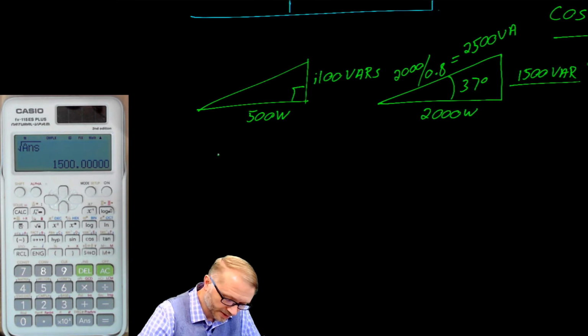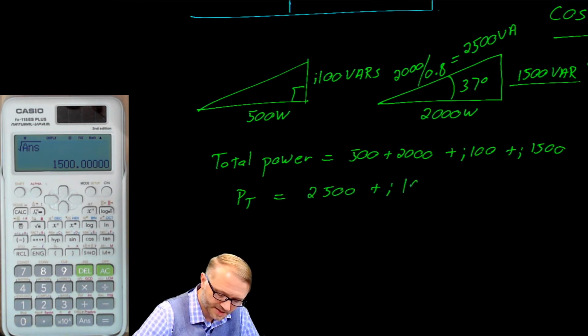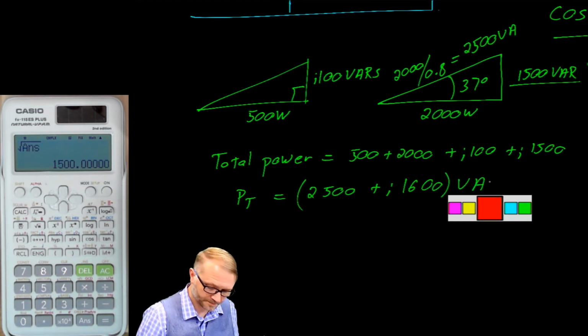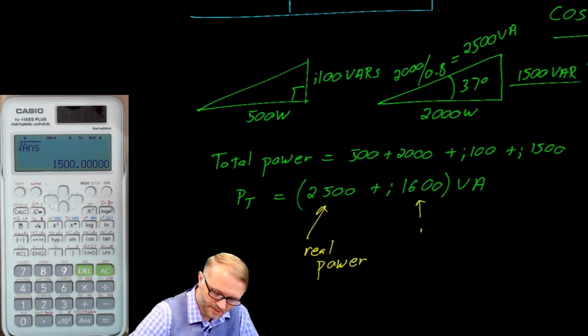So the total power is equal to the real pieces, 500 plus 2000, and then we add the imaginary pieces, plus j100 plus j1500, and that works out to a total power of real 2500 plus j1600, and all that is volt amps, with the understanding that this piece is real power, and this piece is reactive power.